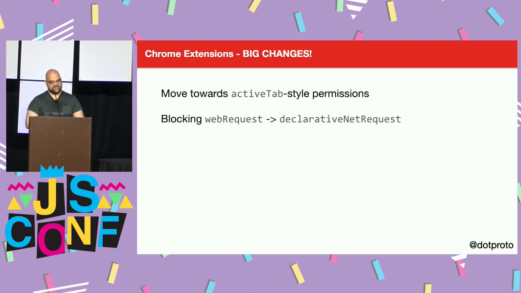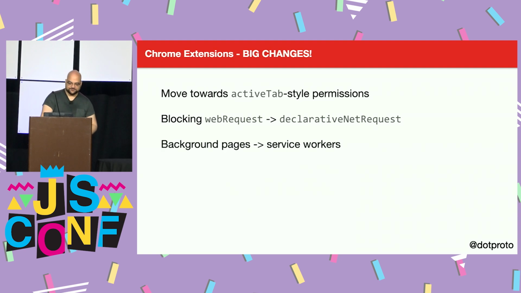The web request change here is the first of many steps in this direction. But I think in future versions of the extension platform and additional changes in Manifest v2 or Manifest v3, you can expect that we're going to be trying to tighten up how and when extensions are running and what data they're getting access to.